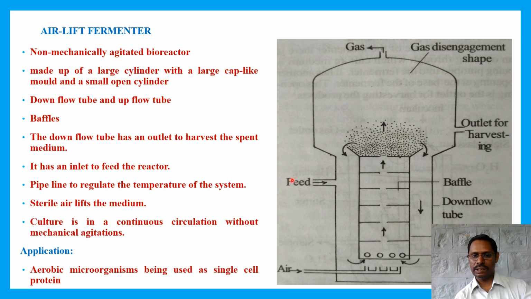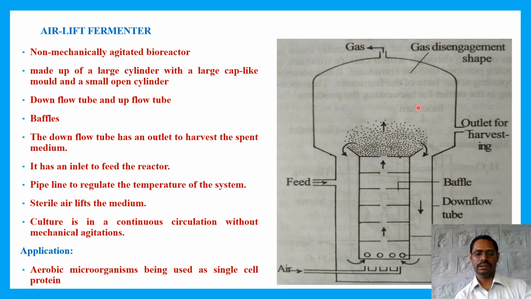Here there is an inoculum, and the medium is pumped in this way. The microorganism utilizes the gas, and the remainder is released to the outside. This is the gas exhaust. The harvested product is collected through this outlet for harvesting. The outer tube is known as the downflow tube and the inner tube is known as the upflow tube.